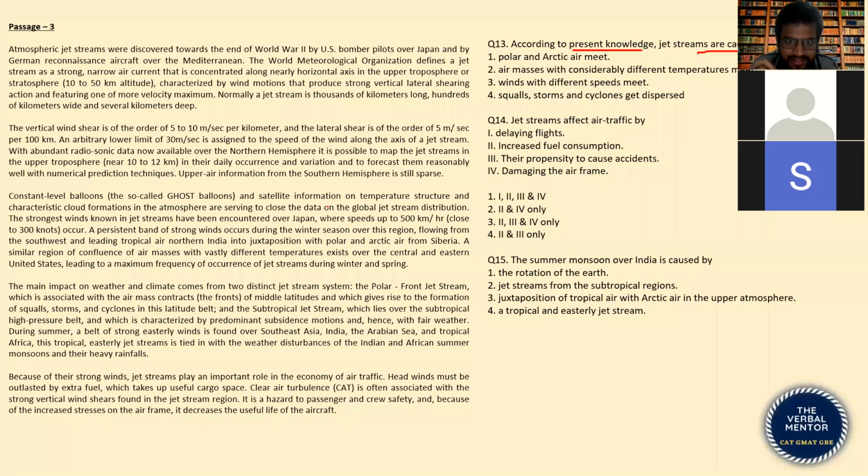So third, now I read the third paragraph because I had already read the first two. The third paragraph tells me a persistent band of strong winds occurs during the winter season over this region, okay, flowing from the southwest and leading tropical air northern India into juxtaposition with polar and Arctic air from Siberia, okay.